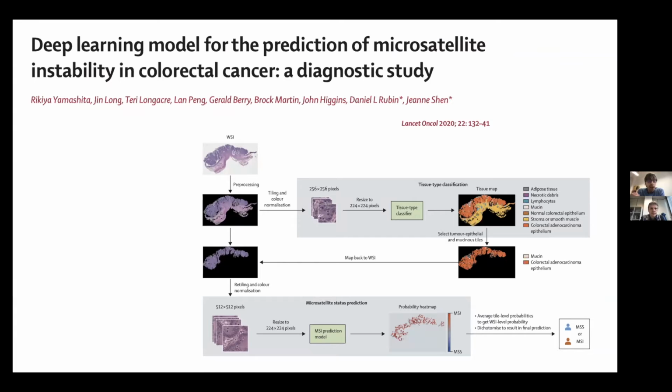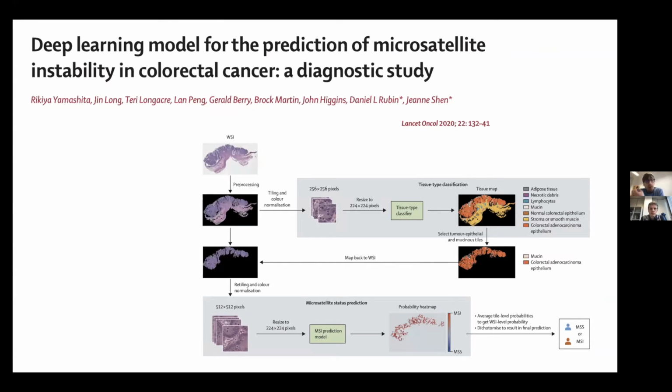countries with lower budgets for healthcare, because maybe in our situation, we will not accept anything less than 100% sensitivity and specificity. No? When you do a molecular test, our requirement is to get it right. But maybe in a setting with lower resources, these tools could be extremely important.